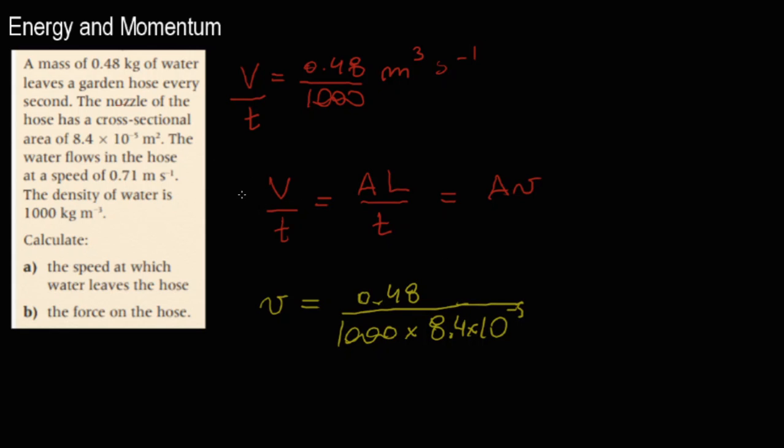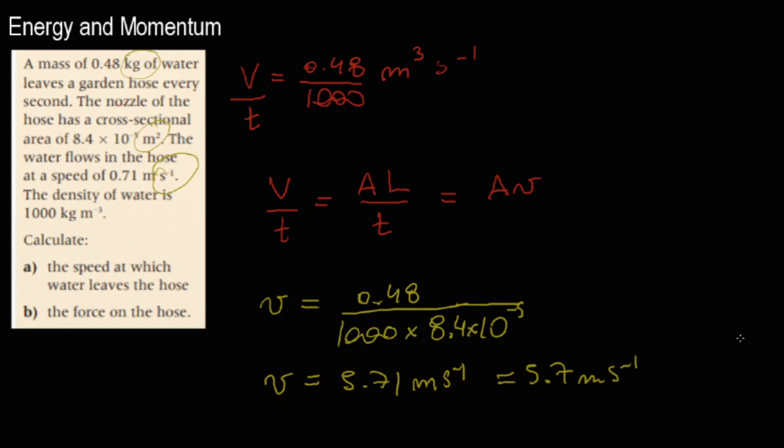Now I am omitting all the units because everything is in meters, seconds, kilograms. So everything is in SI units, so I don't have to worry about them. I can just calculate the values, and afterwards I'll know that my velocity here will be in meters per second. So if I work those values out, I should find 5.71 meters per second. And again, we've got too many significant figures, so we should round this to 5.7 meters per second.